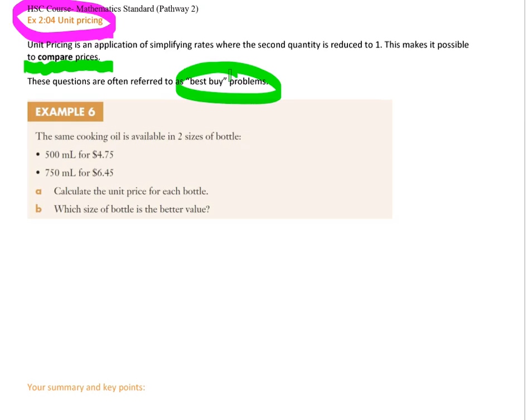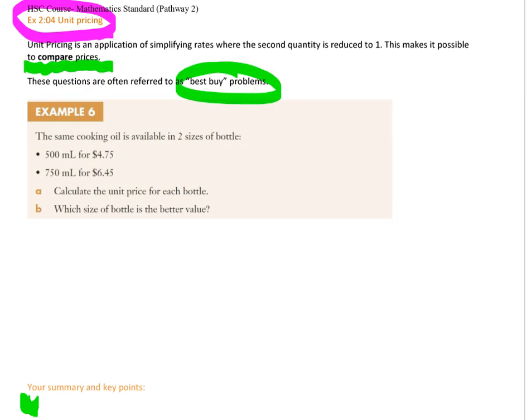This is what we're learning in this exercise, the application of simplifying a rate, and the way to identify that we need to follow this process will be given in the words of the question.